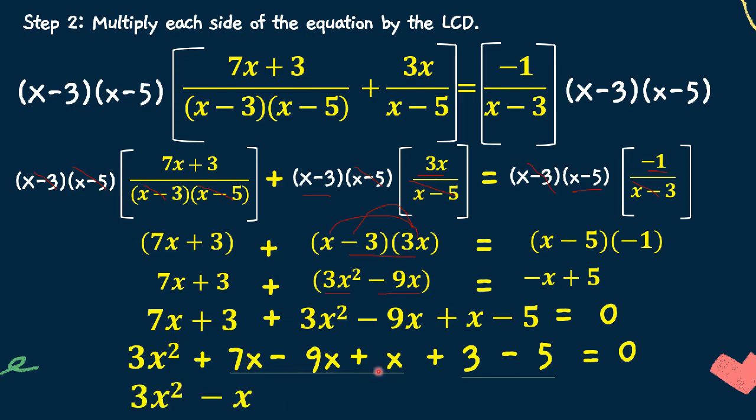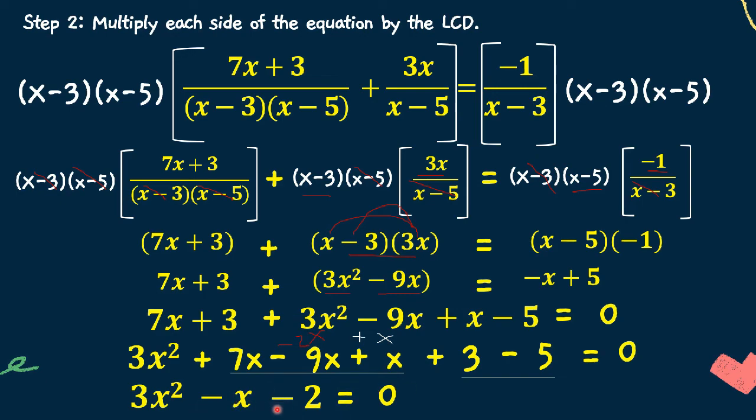We also have 3 minus 5. 7x minus 9x is negative 2x, and negative 2x plus x is equal to negative x. Next, we have positive 3 minus 5, which is negative 2, equal to 0.